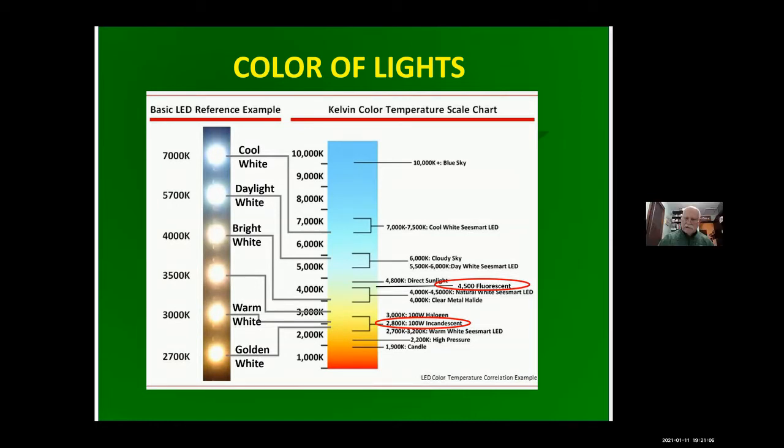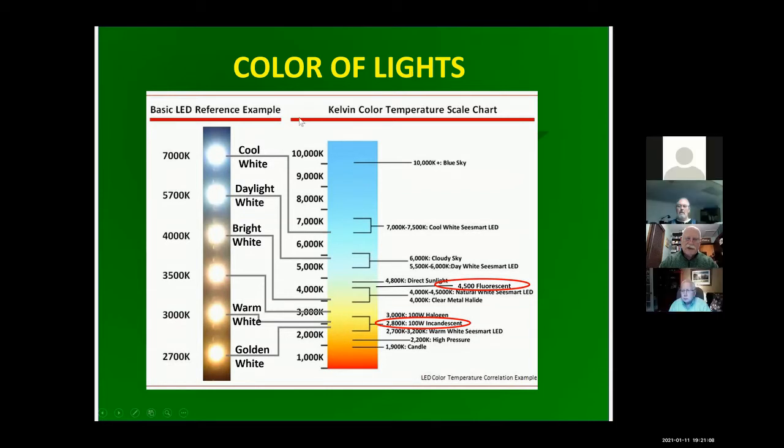Well, I should have commented. You see these labels here that I put on there: cool white, daylight white, bright white, and so on. You'll find bulb companies in particular will use those terms totally unrelated to what a competitor might use.